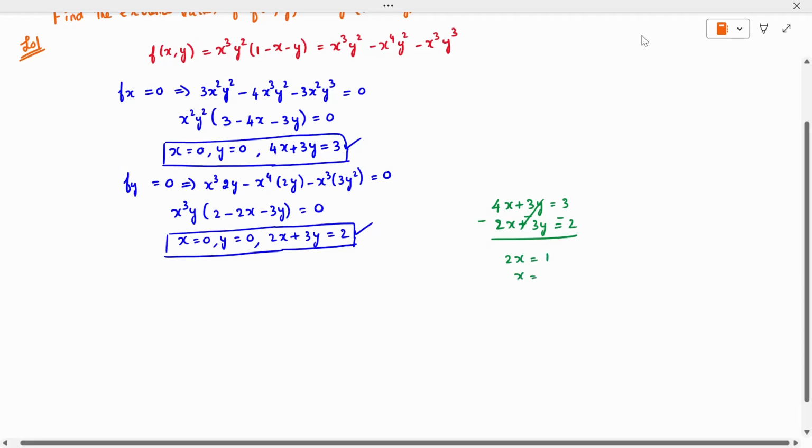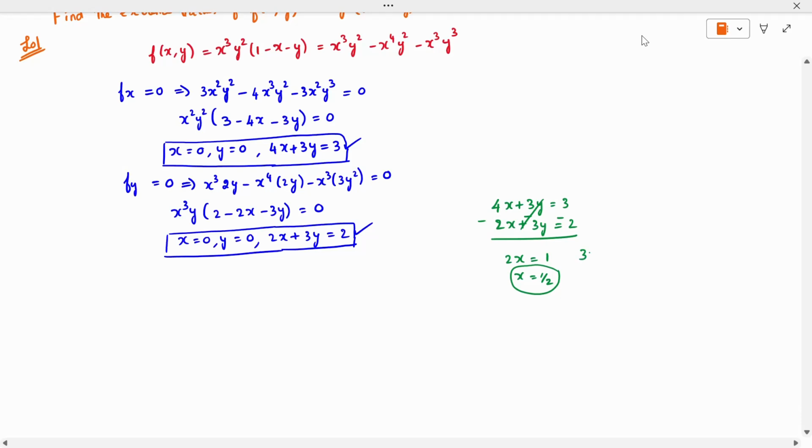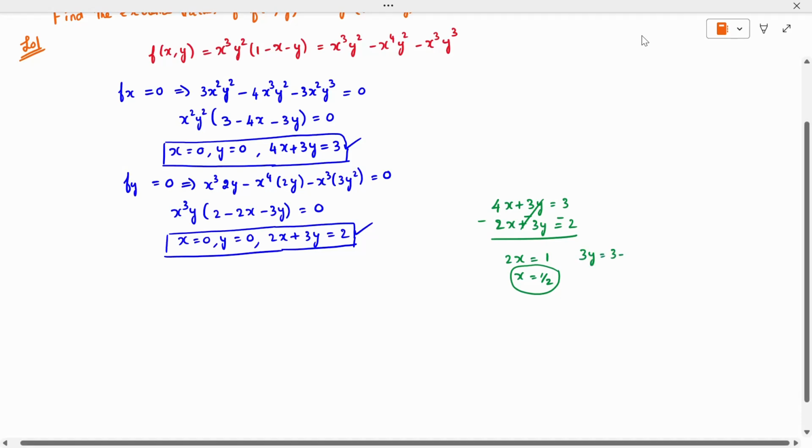So x equal to 1 by 2. If x is 1 by 2, substitute in this to get y. 3y equal to 3 minus 4x, so 3 minus 4 into 1 by 2, which is 2, so 3 minus 2, 1. So y equal to 1 by 3. So x equal to 1 by 2 and y equal to 1 by 3. One point is (1/2, 1/3).